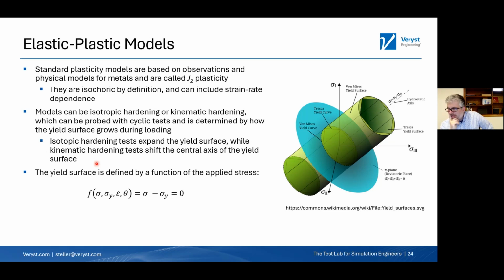Another question here. By calibrating the model, do you mean some other intervention to match the test data other than just applying the model and running the solution? Well, by calibrating the model, it's how do you find the constants that the material model needs to match your test data. Linear elasticity has two parameters, Young's modulus and a Poisson's ratio. We can get those analytically from a test.